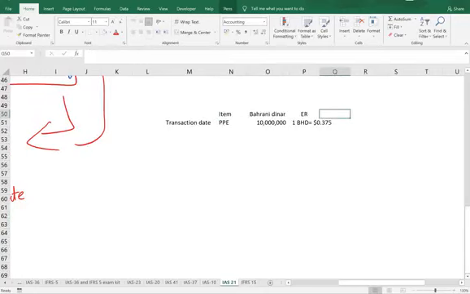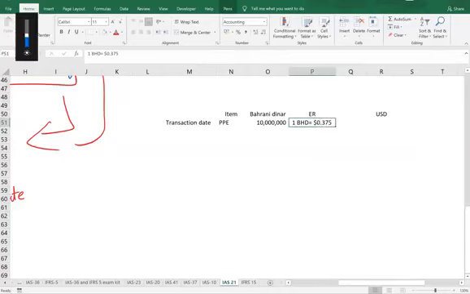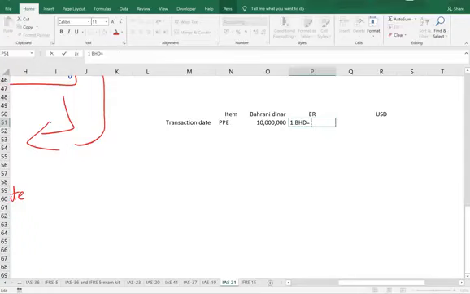According to my books, one USD is 0.375. Okay, so that makes sense, right?